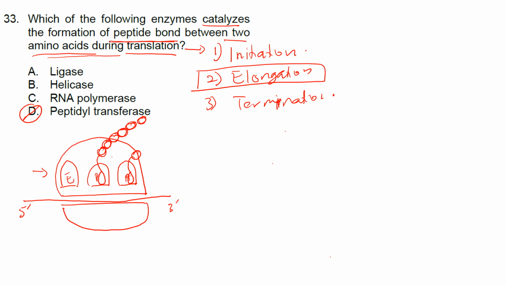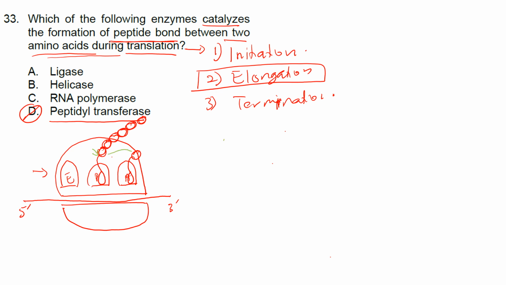The function of peptidyl transferase is to form a peptide bond between the last amino acid on the tRNA that sits in the P site and the amino acid that sits in the A site.